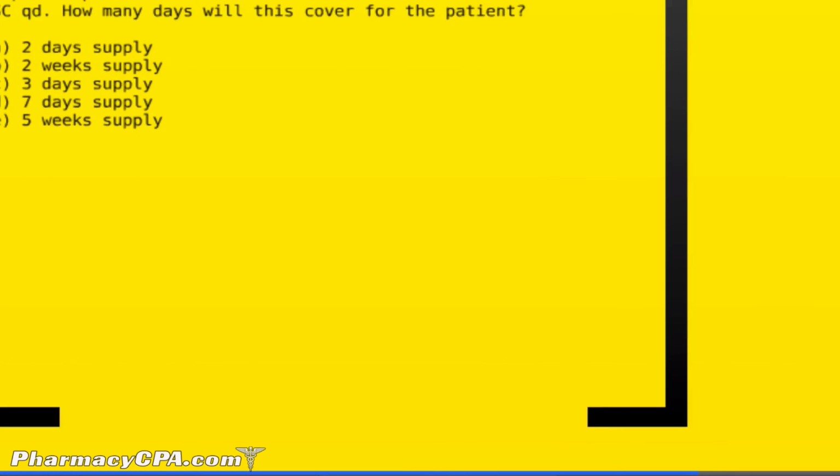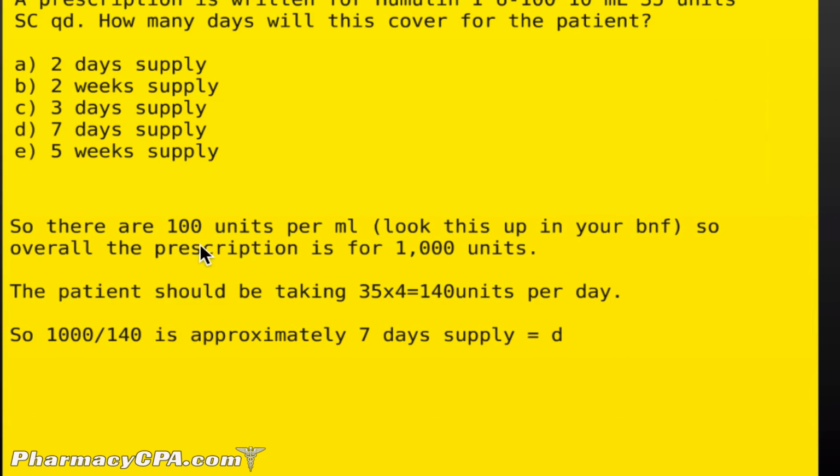Let's have a look what comes up. Yeah, 100 units per mil. Look this up in your BNF. Good. So overall prescription is for 1,000 units. The patient should be taking 35 times 4, which is 140 units per day. So 1,000 over 140 units is approximately 7 days supply. So the answer is D.